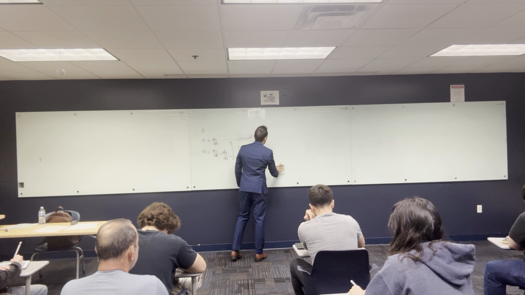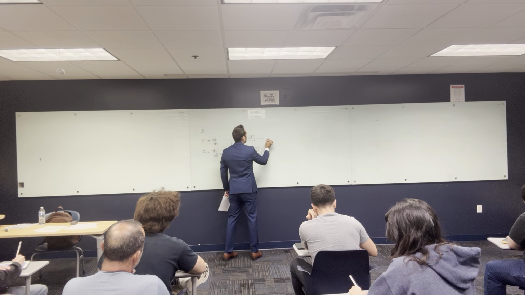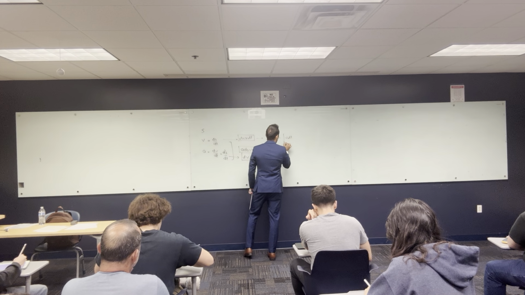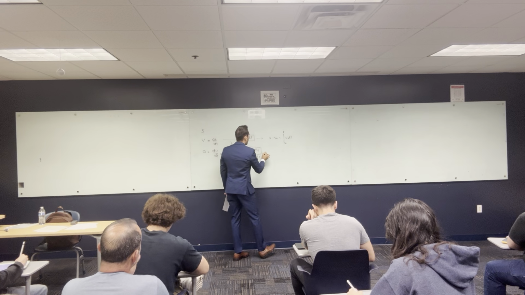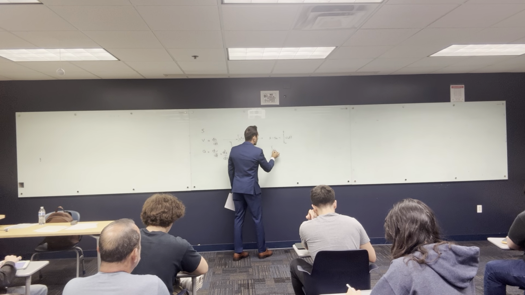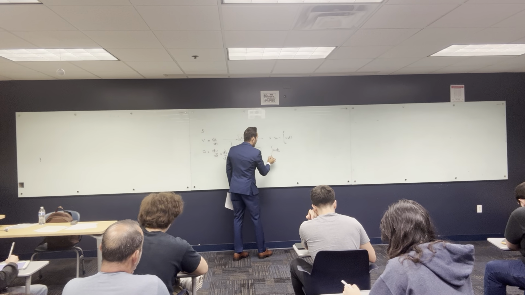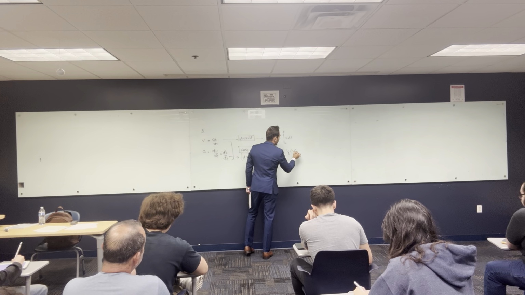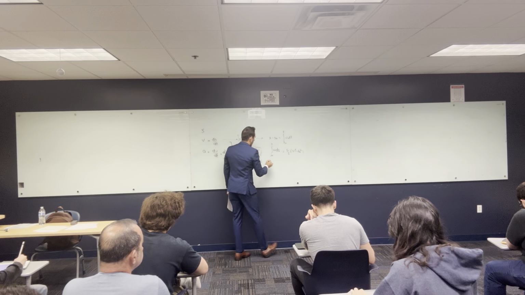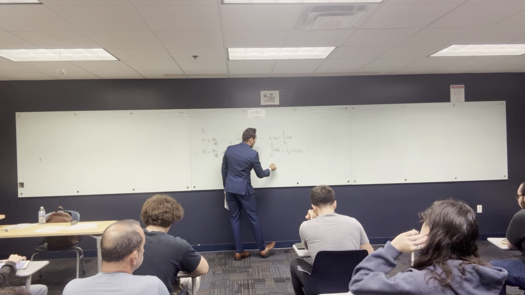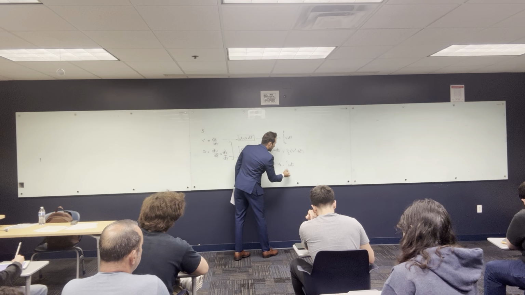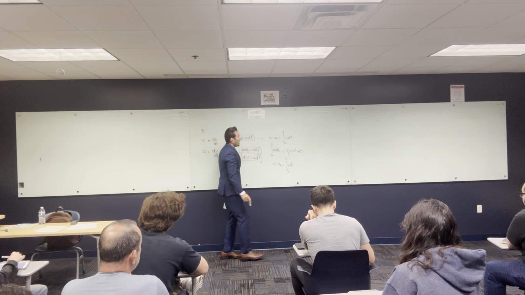Once you integrate both sides, s minus s node is going to be the integration of v dt from t node to t. Same thing here, you integrate both sides: the integration of a ds from s node to s is going to be equal to half v squared minus v node squared. And if you integrate this one, it's going to be v minus v node, the integration of a dt from t node to t.